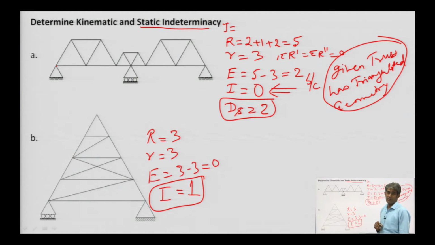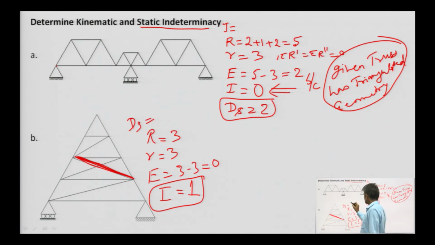How did I get this value? Because this one member is the extra member to form the triangulated geometry. Therefore, internal indeterminacy will be 1. So, total ds is equal to 0 plus 1, means 1.